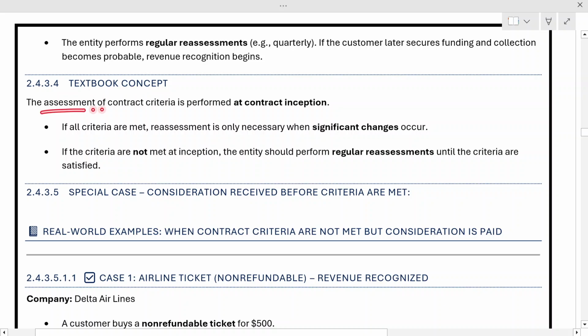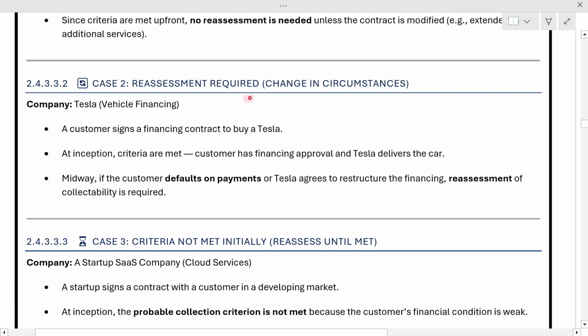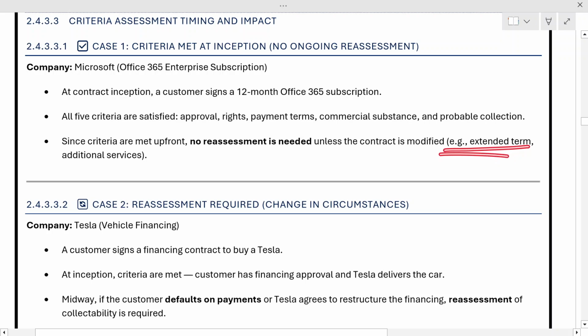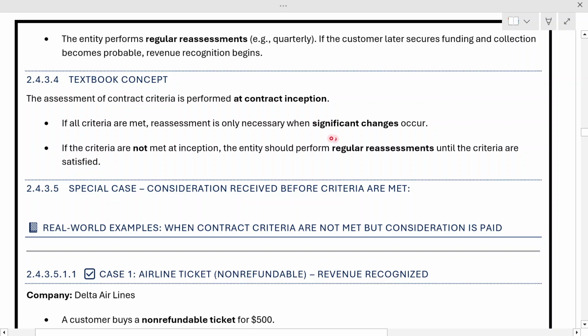The assessment of contract criteria is performed at the contract inception. Every time at the inception, we will check if all the 5 criteria are met. If all the criteria are met, reassessment is only necessary when significant changes occur, which we saw here: only if there are changes in significant circumstances, extended terms or additional services will the reassessment be done.